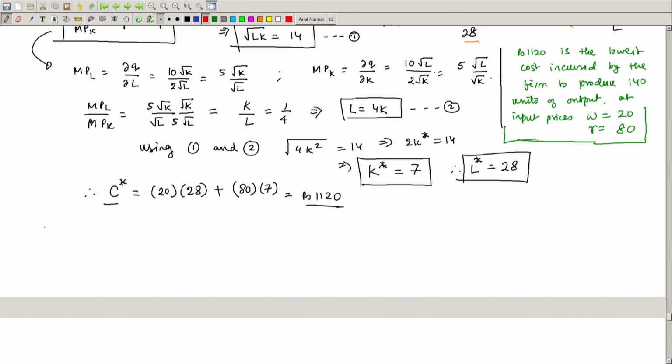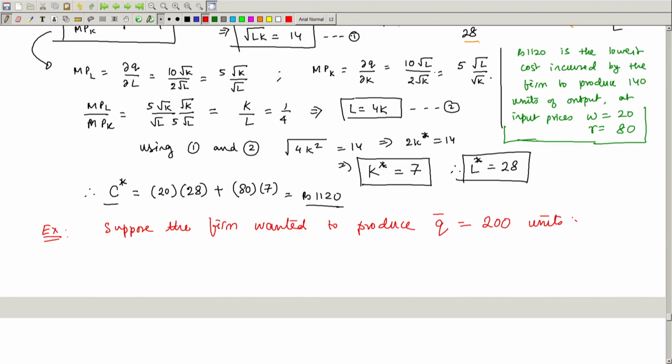Okay. Now, as an exercise, I will also ask you to think about the following problem. Suppose the firm wanted to produce Q bar equals 200 units of output, right. Right now the firm is producing 140 units of output, but suppose it wanted to produce 200 units.